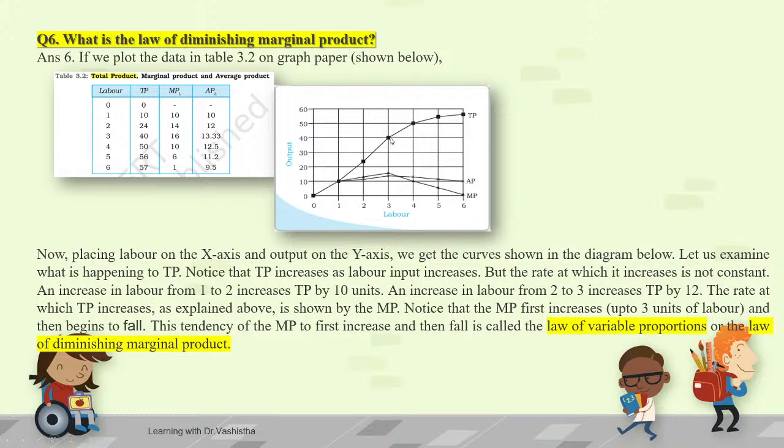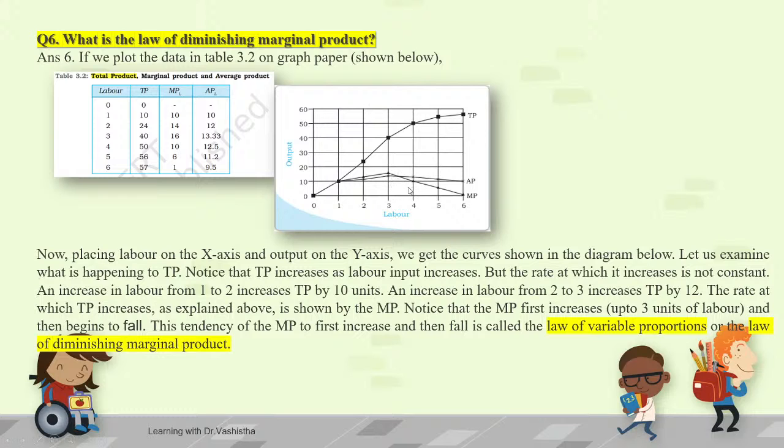So it shows an increasing rate. Now the rate at which total product increases is shown by the marginal product or MP curve. You can see that the MP curve is rising up to 3 units of labor, and then it starts falling.